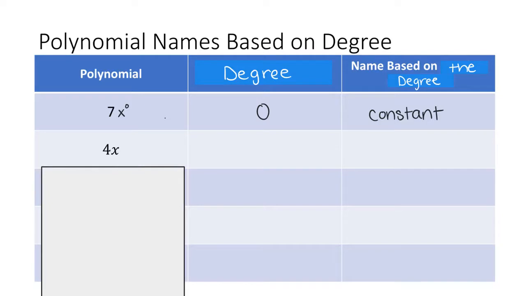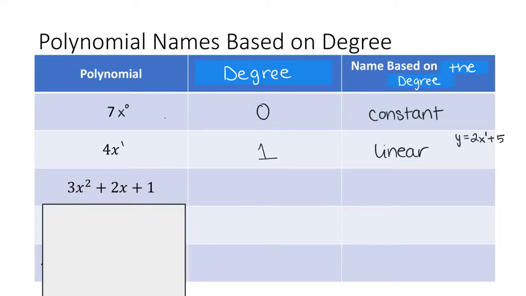Here's our next example, x. The exponent of x is 1, so it's a degree 1, and we call this a linear. That might sound familiar because if you remember when we've had linear equations, something like this, they're all degree 1 polynomials.